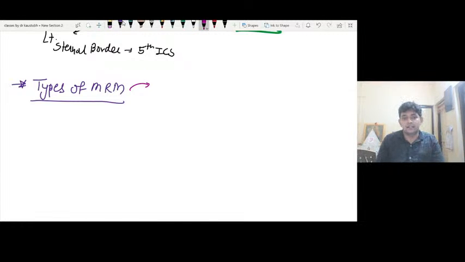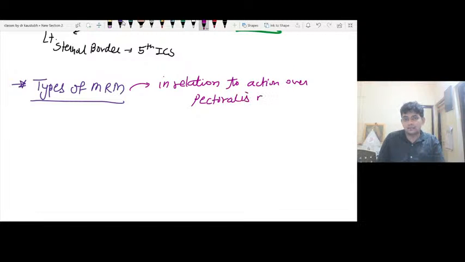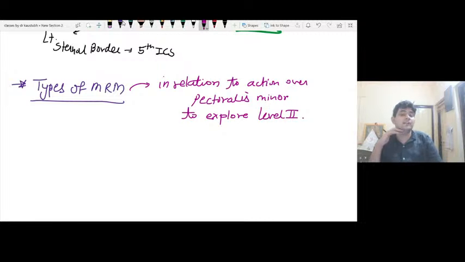These types are taken in relation to the action over pectoralis minor to explore level 2 of lymph nodes. That is what I wanted you to know.